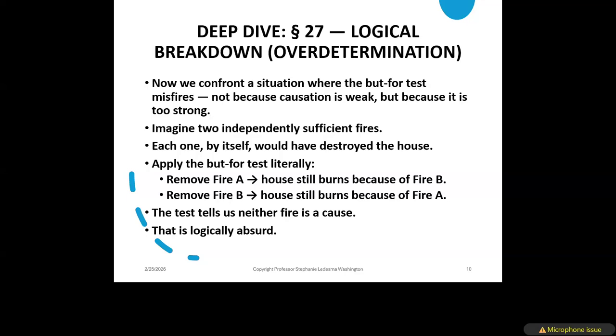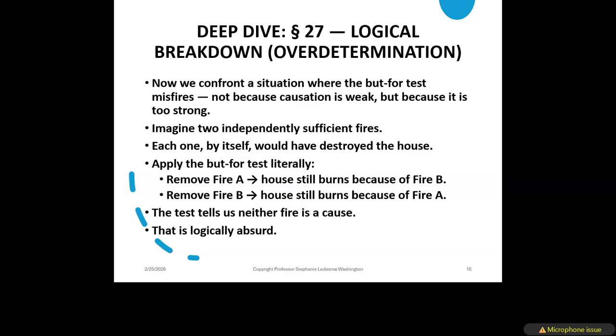Well, we've got another independent negligent act, so we have to add that to the test as well. Remove fire B from the action. Does the house still burn down? Yes, because remember, A is sufficient on its own to create the harm.